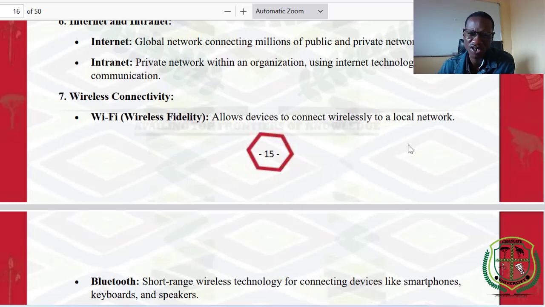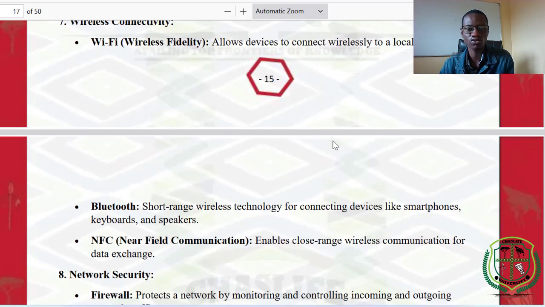So when you hear Wi-Fi, it means there is free internet. The local network provides you access to communicate online or to the internet. That's what we call Wi-Fi.